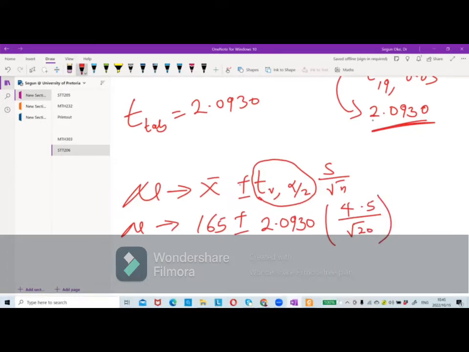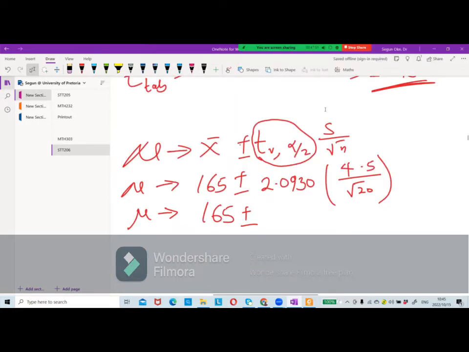So punch your calculator, what do you have? You have 165. Don't do it together, plus or minus. Just do this one and multiply by 2. What do you have?